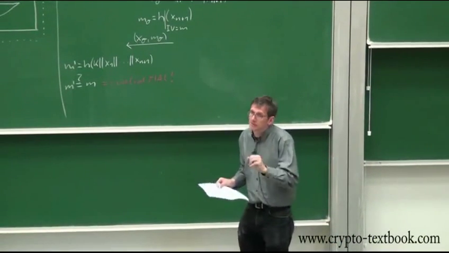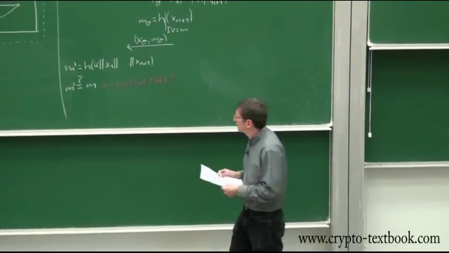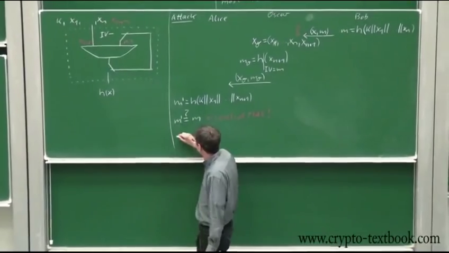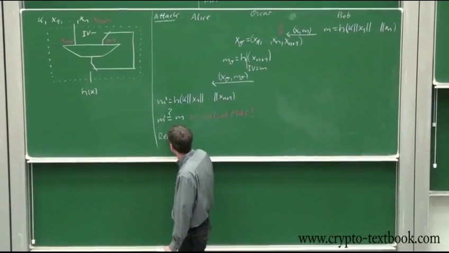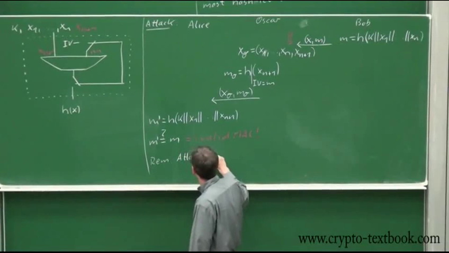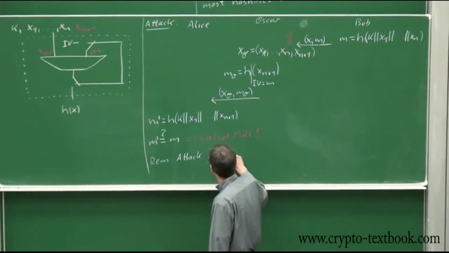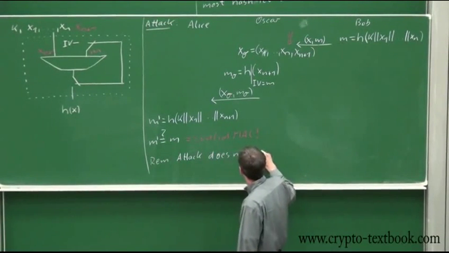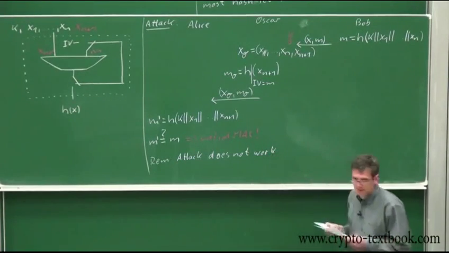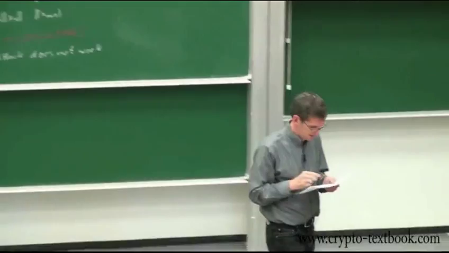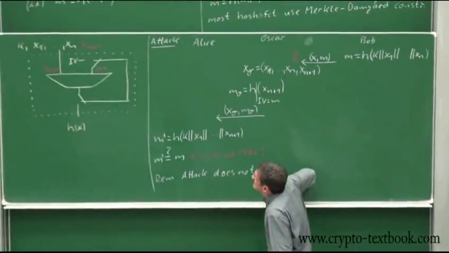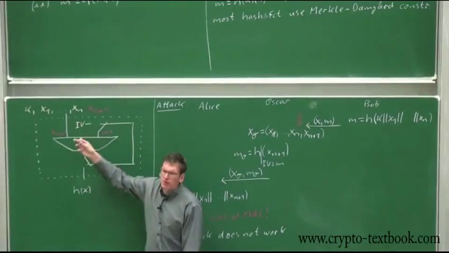And this is a little bit of a simplification, because in practice this is not the whole Merkle-Damgård construction. So one important remark is: the attack does not work. Do you remember what's missing here?